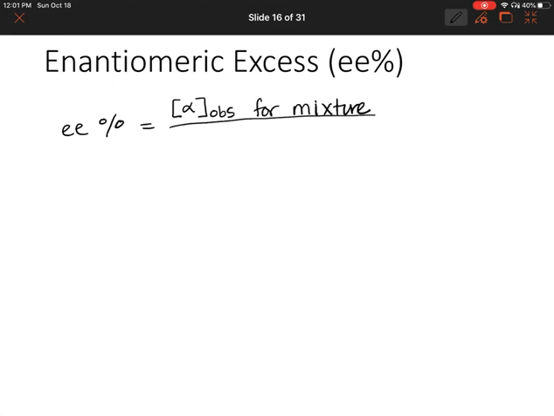And then we divide that by the specific rotation that's observed for the pure substance. So that's going to be either just R or just S, depending on what you're comparing it to. And then we'll multiply this by 100.